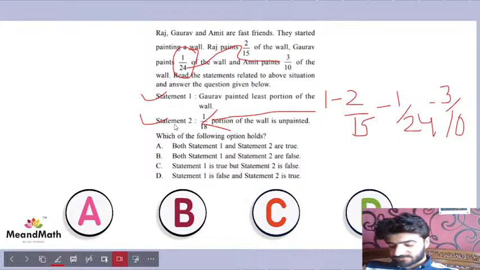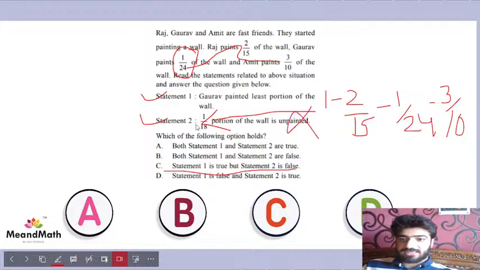Otherwise, it's false. Saranya says C. Janesha says C, meaning that statement 1 is true, but statement 2 is false. That is, 1 minus 2/15 minus 1/24 minus 3/10 is not equal to 1/18. But what it also means is that statement 1 is true, meaning that Gaurav painted the least portion, 1/24 of the wall, which will obviously be lesser than 2/15 and 3/10.